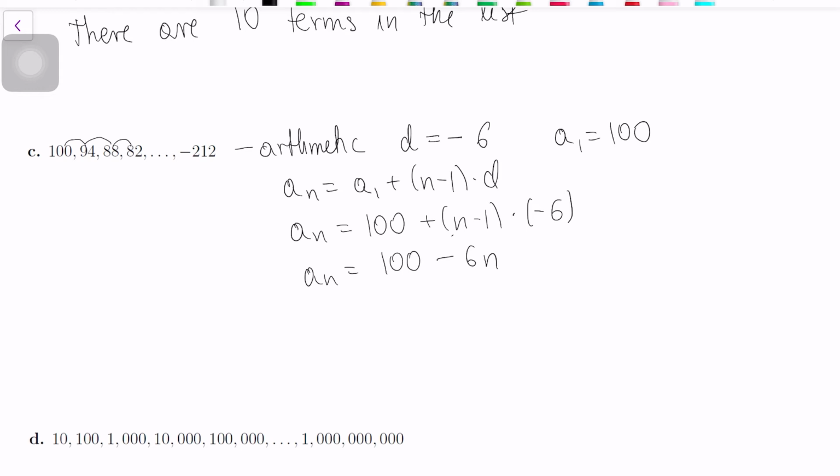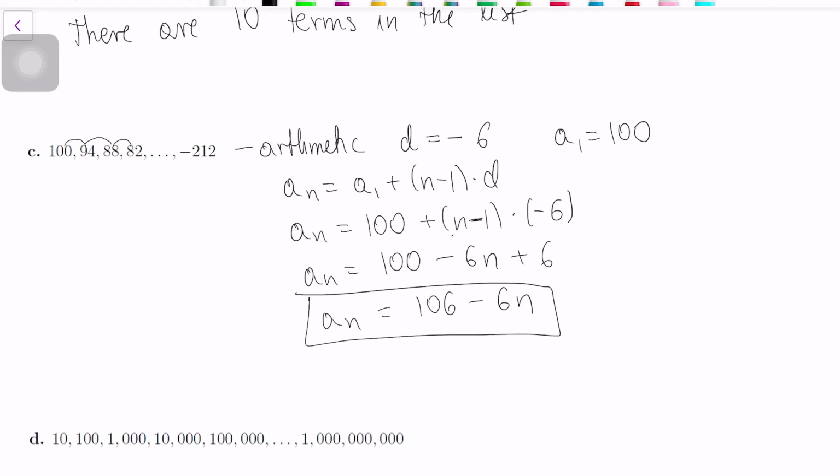So n times -6 is -6n. -6 times -1 will give me +6. So an will be 106 minus 6n, or you can write -6n plus 106. Either way is fine, as long as you acknowledge the n term is negative and the constant term is positive, right?